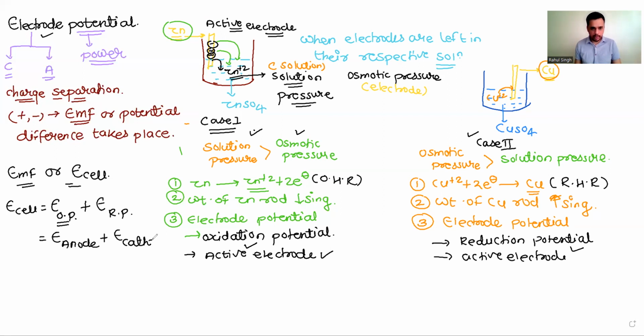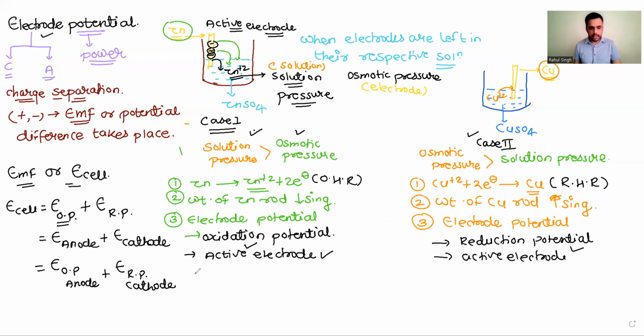We can also refer to this particular thing like this: oxidation potential for anode, reduction potential for cathode. We can write these terminologies over here.